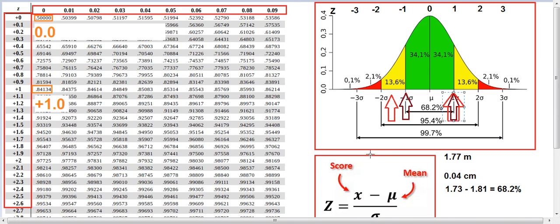And 0 represents exactly half of the data, or exactly the mean. So to the left-hand side of this curve we're going to have 50%, and to the right-hand side we're going to have 50%.